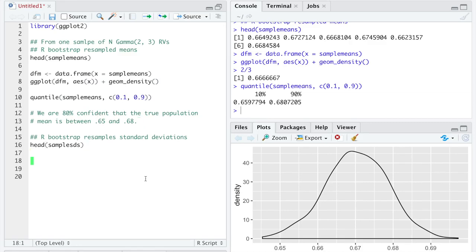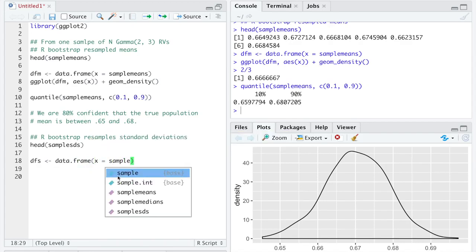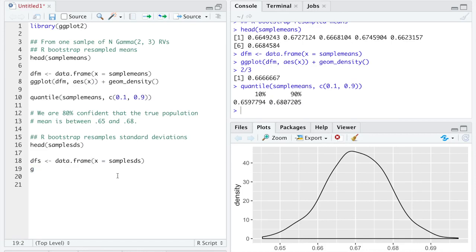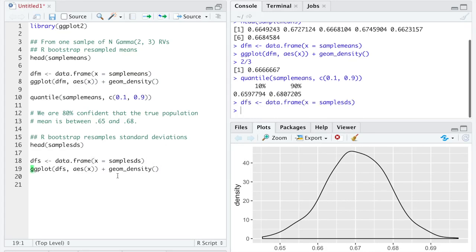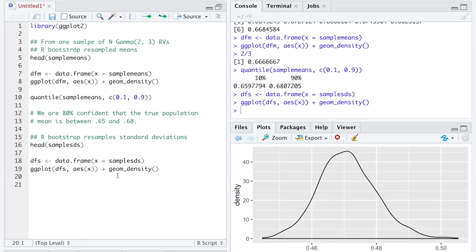Okay, let's just do one more example so you can start seeing the pattern of these sentences that follow from these interpretations. So here is a vector of R bootstrap resampled standard deviations from the same original population. And let's just repeat the same process we looked at before, where we can first make a plot of the estimated sampling distribution for the sample standard deviation.